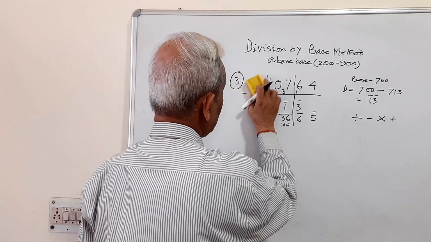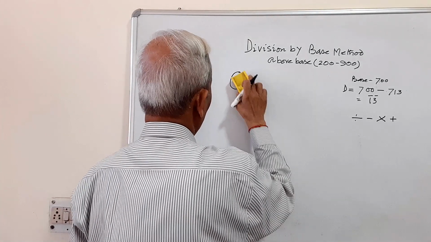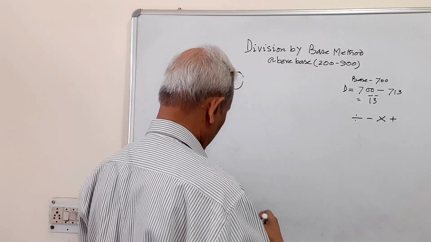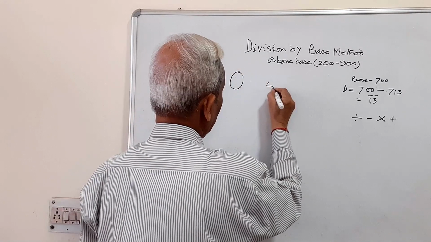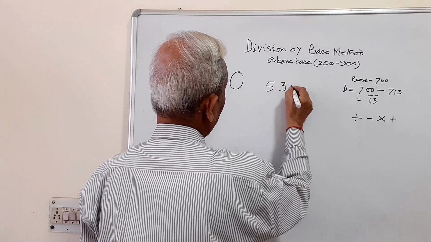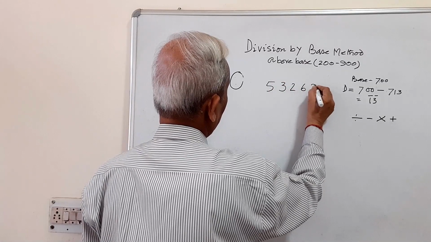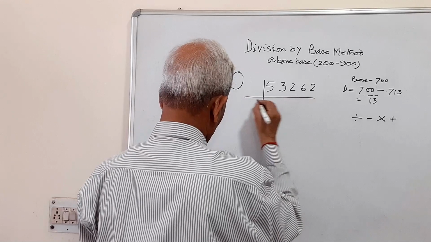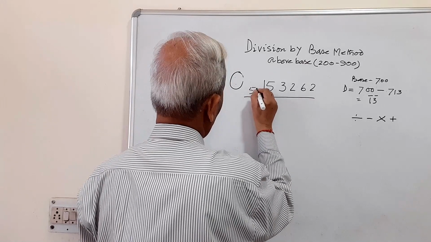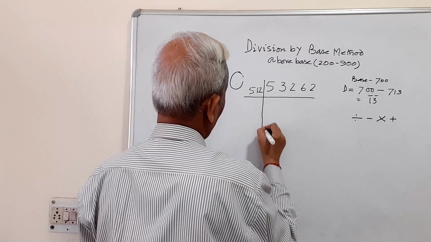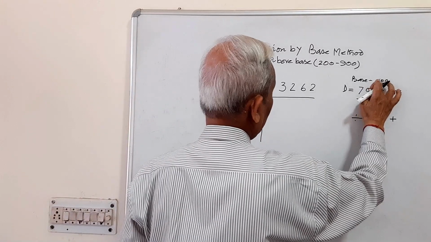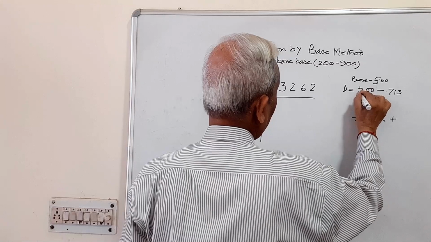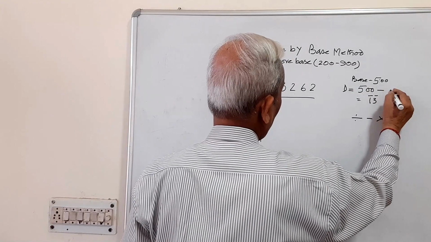Now let me do the last problem. 53262 divided by 512. Here it is 500. 500. 512.